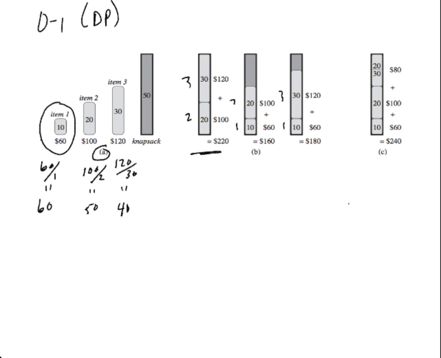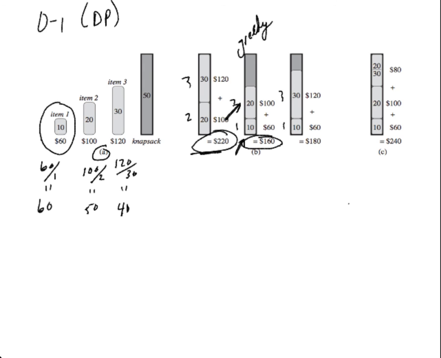And so we would want to fill up using first the 10 weight item 1, and then item 2. So this is the greedy solution right here. But notice the total value here is $160, while the value here is $220.